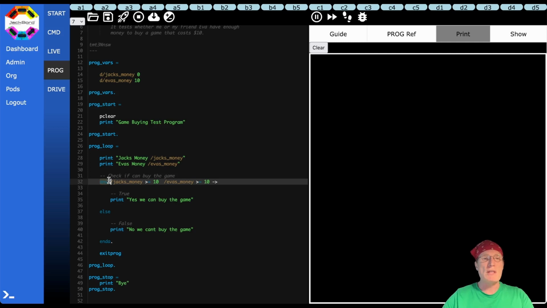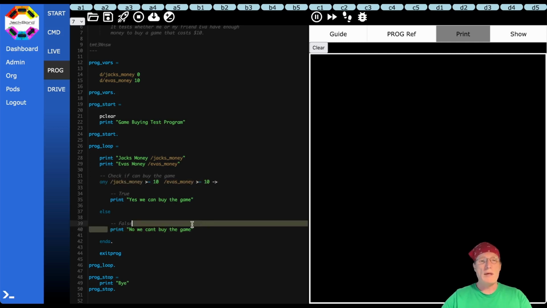And because this is an any statement, if any one of these two tests is true, which basically means if either one of us, me or Eva, has money, we can buy the game. But if neither of us has any money, then we can't buy the game. So let's run it and see what happens.